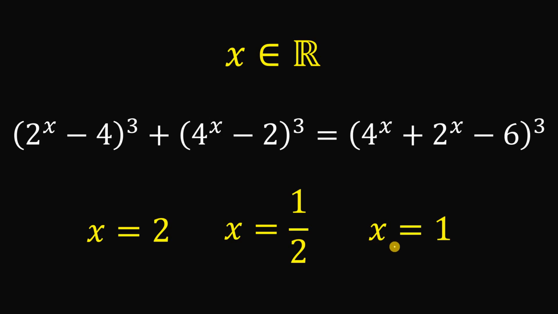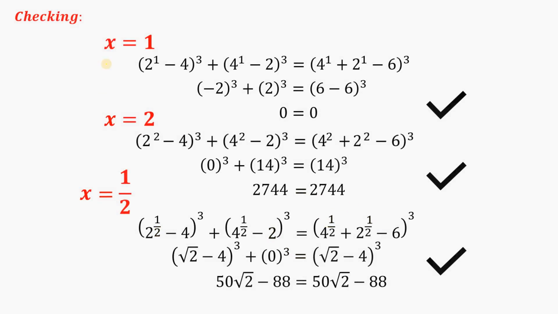And of course, we need to double check if those answers are correct. So let's check. Now, if x is equal to 1, we get 0 equals 0. If x equals 2, we get on the left side 2,744 and on the right-hand side 2,744. And if x equals 1/2, the left side and the right-hand side equal 50 times square root of 2 minus 88.